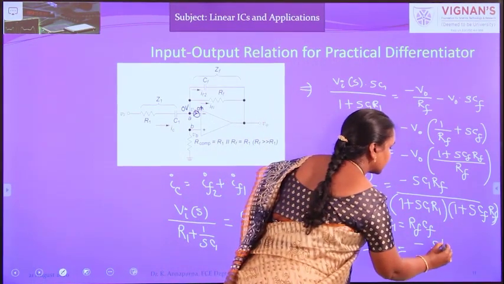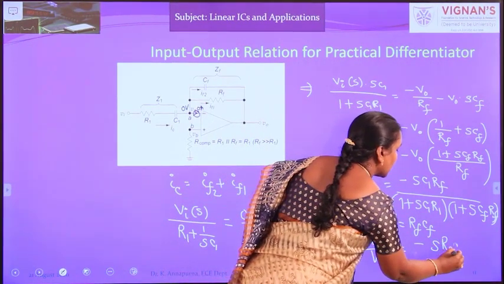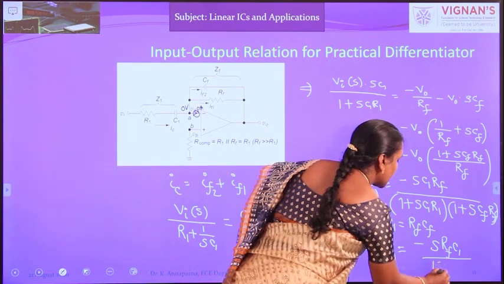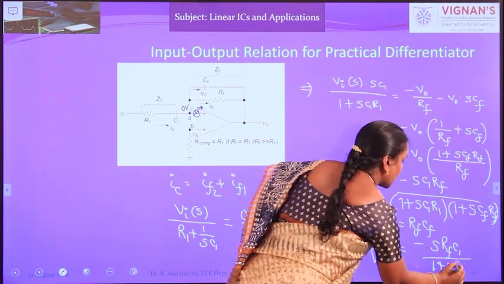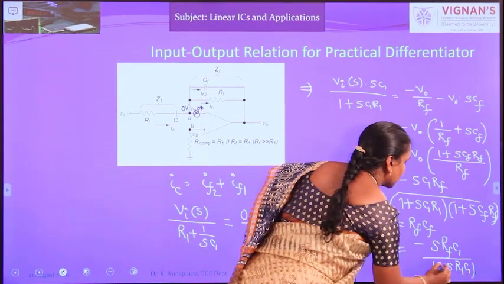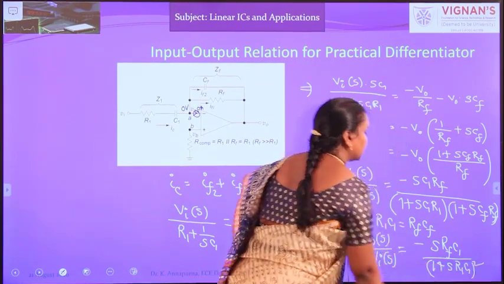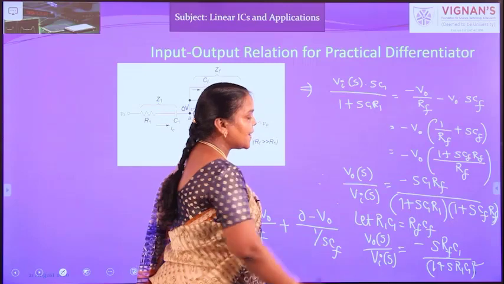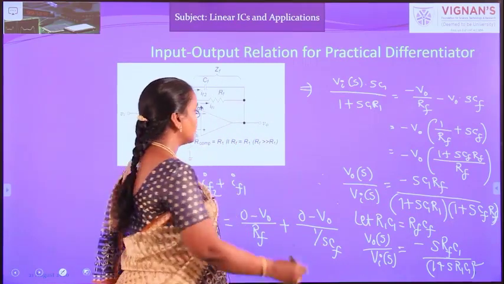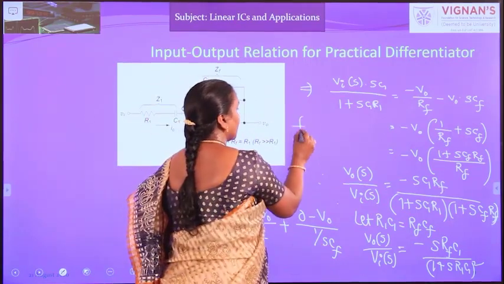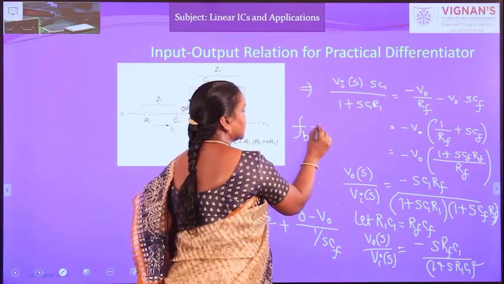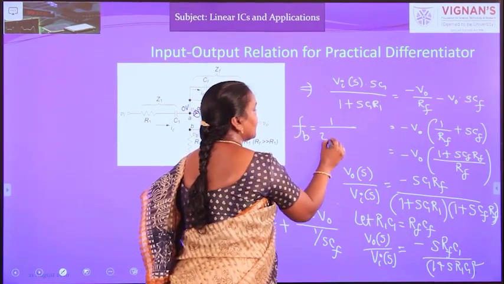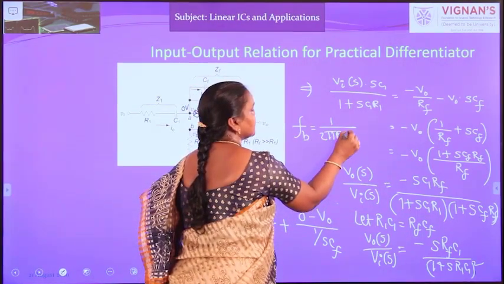Minus S RF C1 by 1 plus S R1 C1 whole square. And here the cutoff frequency is 1 by R1 C1, or here I am taking the cutoff frequency FB as 1 by 2 pi R1 C1.